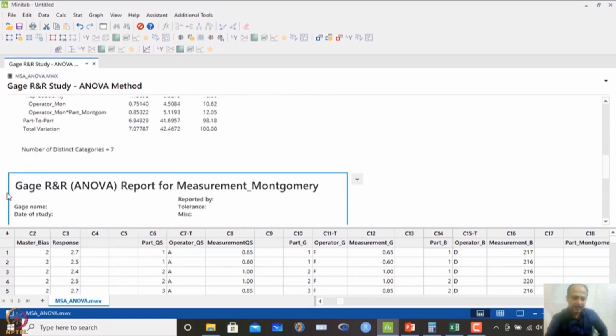Okay. And there is another important aspect over here, the number of distinct categories. I have 10 parts. So, the instrument should be able to differentiate between the 10 parts, and if the measurements are quite in the same range, it may not be possible, but what is important is that the number of distinct categories should be greater than or equal to 5. I have selected 10 parts over here.